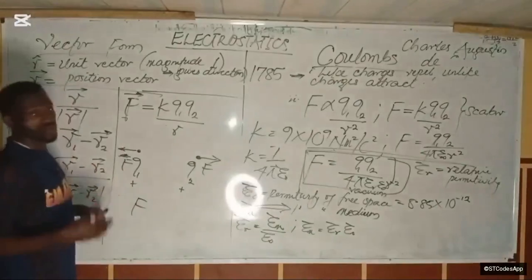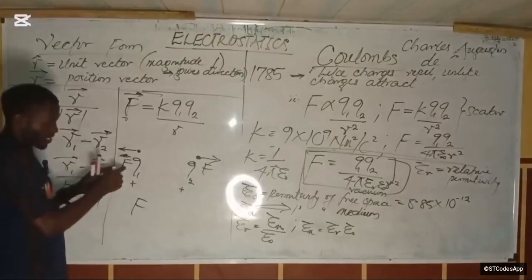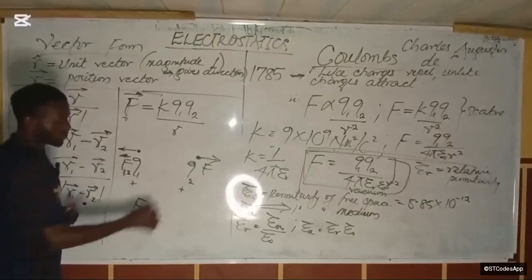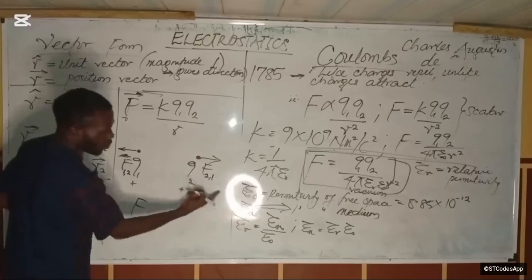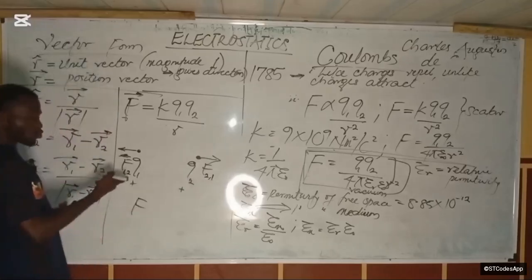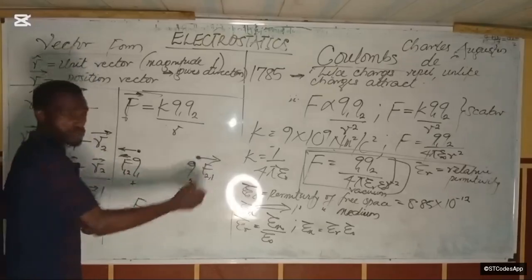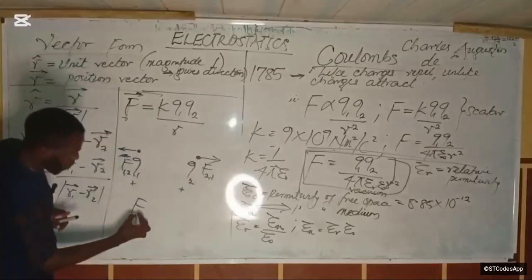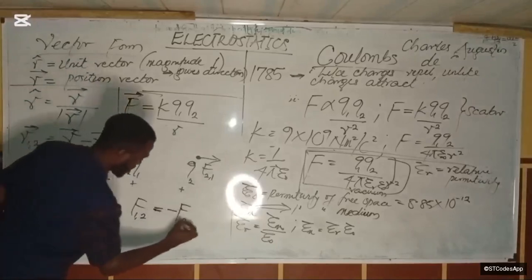How do we represent that in mathematics? First, there is a name. The name of this force here is the force on charge 1 due to charge 2, and this one is the force on charge 2 due to charge 1. F12 means force on charge 1 due to charge 2, and F21 means force on charge 2 due to charge 1. So F12 will be equal to the negative of F21.